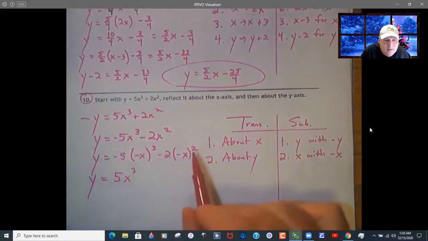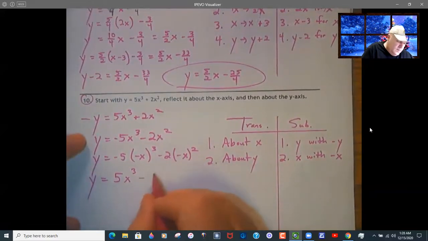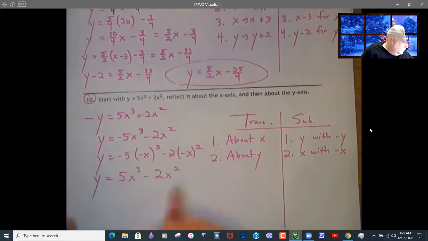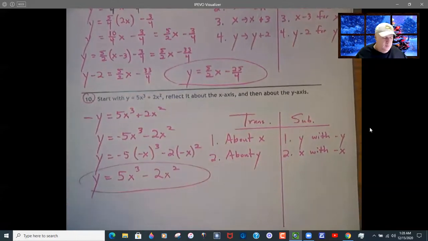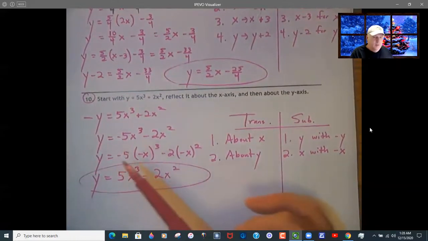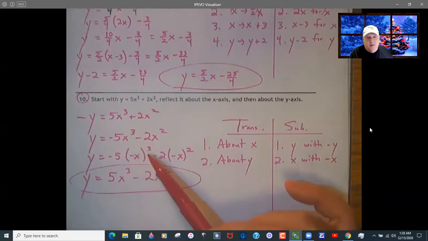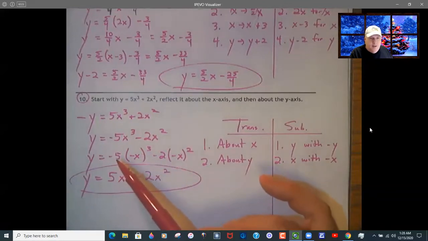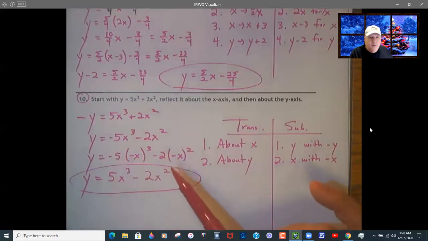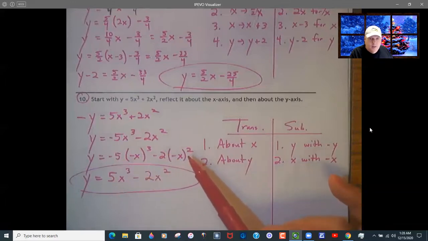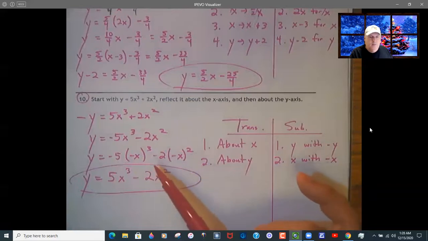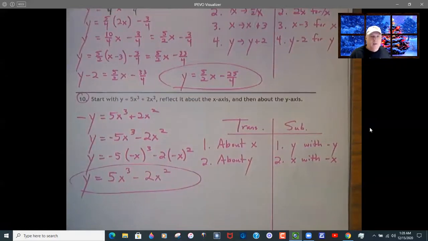The negative x squared is positive x squared times negative 2. So this is really like saying negative 1 to the third power, that's negative 1 times negative 5 is 5, then x to the third. Negative 1 squared is 1 times negative 2. So it's taking the coefficient to that power. That's really what you're doing there.